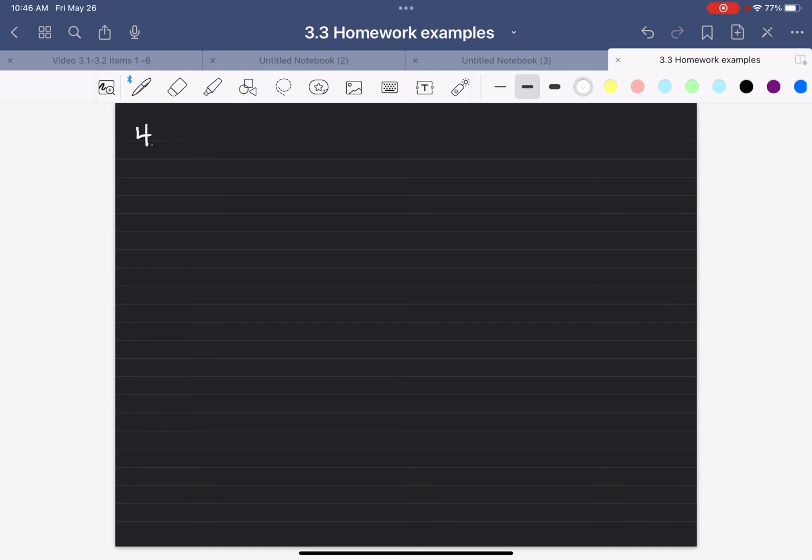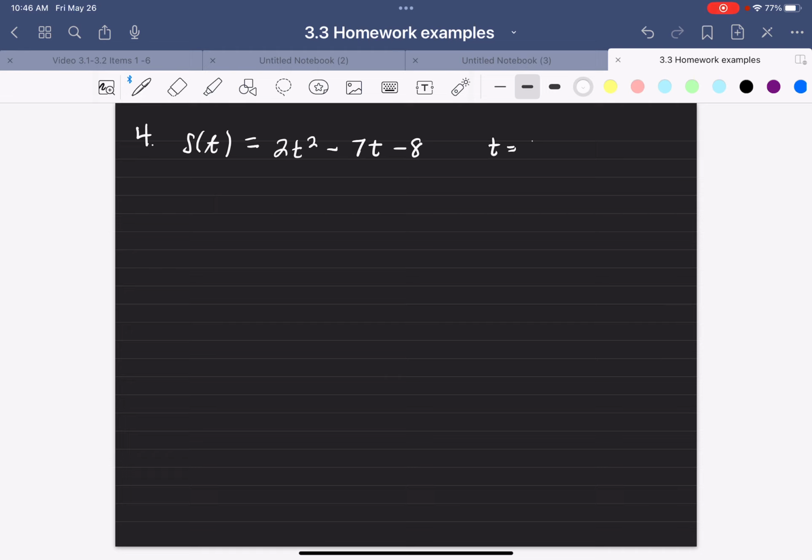Number 4. Suppose the position of an object moving in a straight line is given by s of t equals 2t squared minus 7t minus 8. So this is a position of an object moving in a straight line, and t is time.